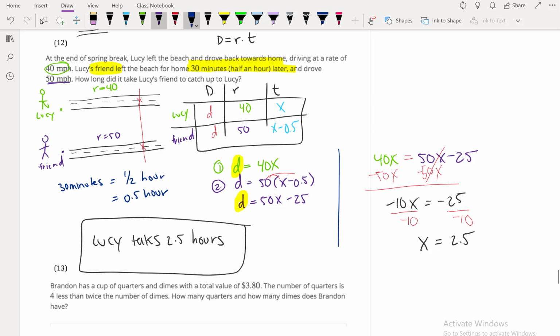Well, it tells me that the friend takes, remember, half an hour less. So if x is equal to 2.5, and the friend's time is x minus 0.5, then 2.5 minus 0.5 gives me 2.